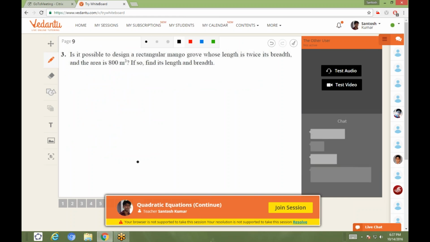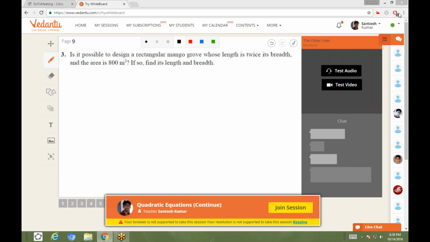Okay, so now let's work on this. In this problem, it says, is it possible to design a rectangular mango grove whose length is twice its breadth and the area is 800 meters square? If so, find its length and breadth.